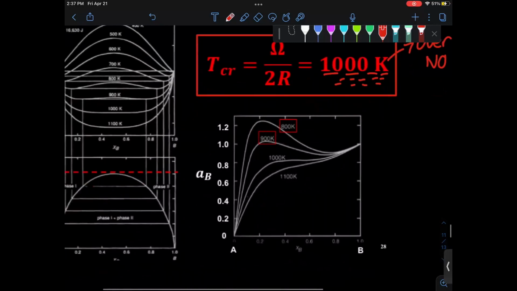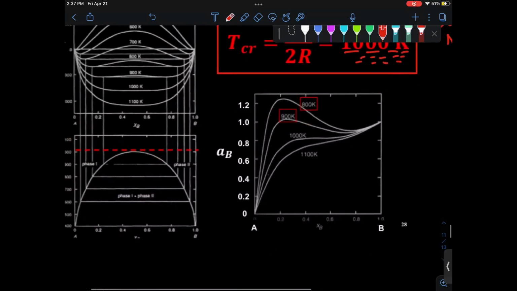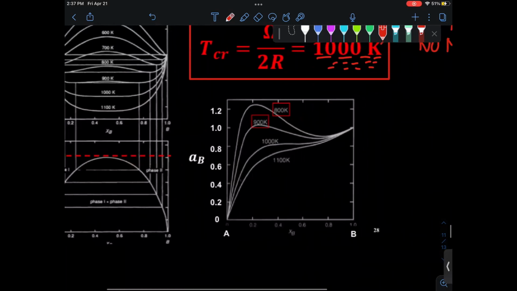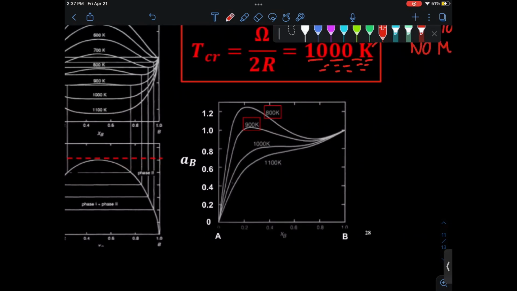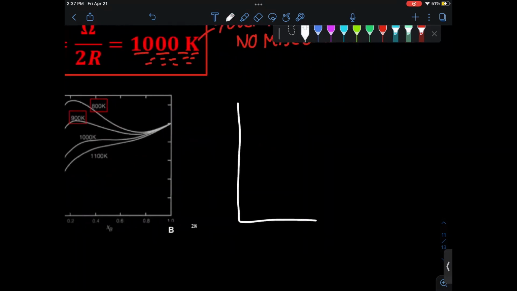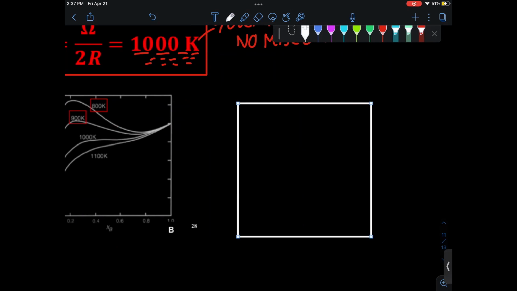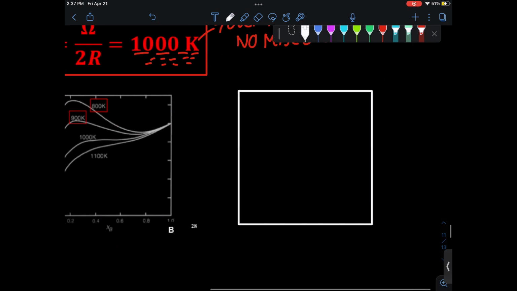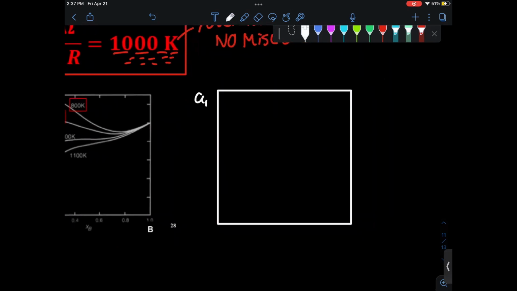They can mix. What happens to our activity? Well, you can see that we have a point where our activity increases and then it decreases past a point. And then it starts increasing a little bit more again. I'm going to draw another graph. So this is what a miscibility gap looks like in terms of an activity curve.